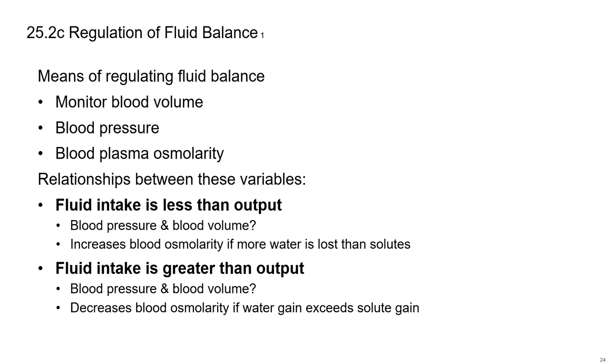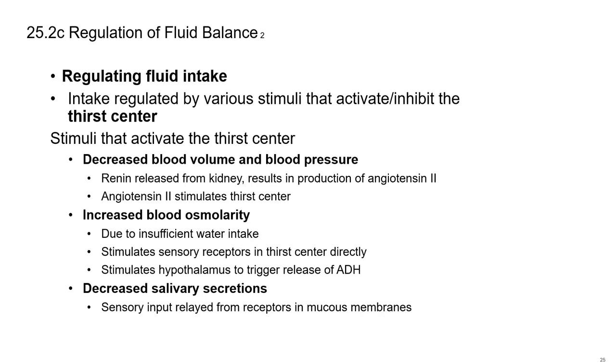If it's balanced, right, if it's isotonic fluid intake, then in that case, blood pressure would go up, blood volume would go up, and the osmolarity would stay more or less the same, right? So you have to clarify and you have to talk about, are you discussing the idea of just fluid coming in or going out, or fluid and solutes, so fluid and electrolytes, right?